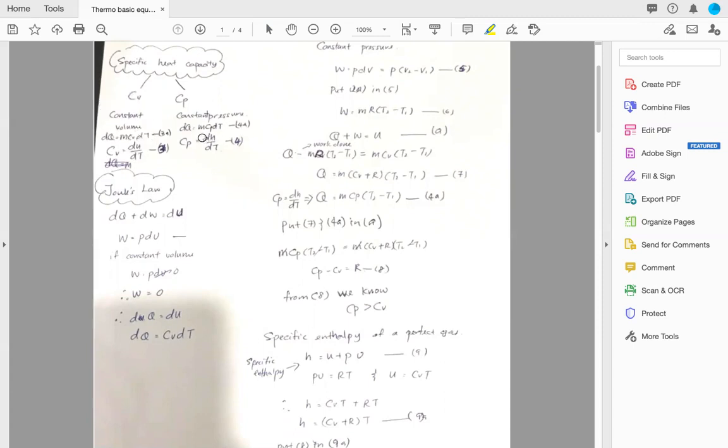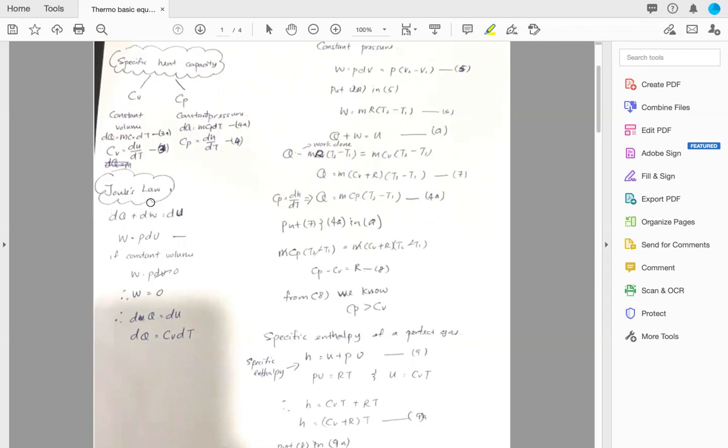For CP, it means constant pressure, so it normally deals with enthalpy, delta H over delta T. At constant pressure, your delta Q can be written as mCp delta T.